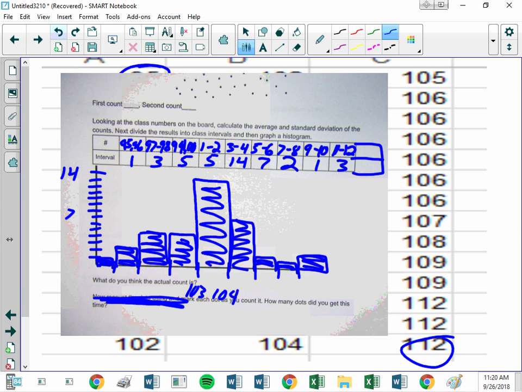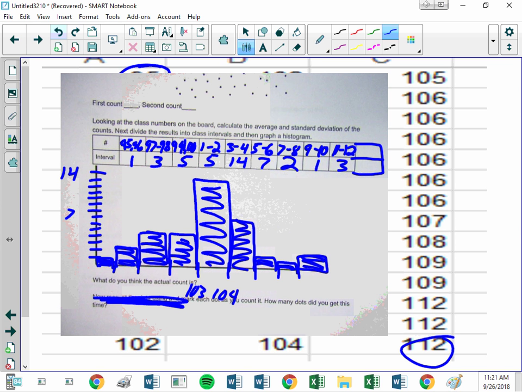We have 6 that are in the 103 range, and then 8 that are in the 104 range. So we would probably guess 104. Right? Are we sure that it's 104? Not yet. We don't know. Is there any way to truly know?